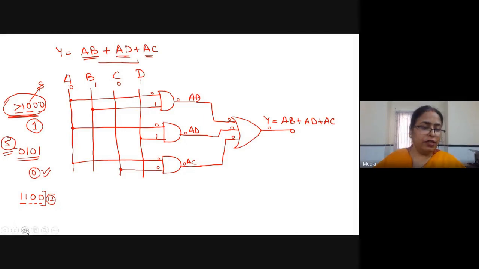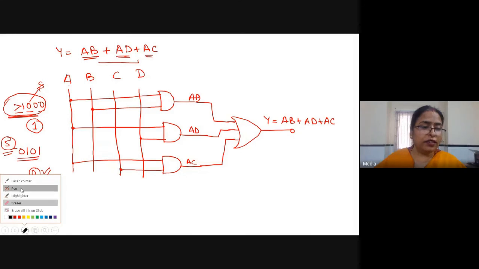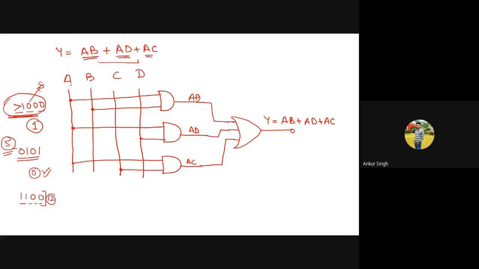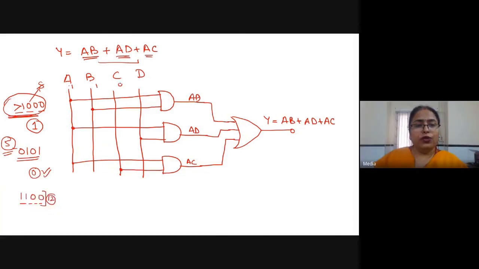So if I am taking 1100 here, see what should be my output, Ankur, now? It is now greater than 1000. What should be my output now? Tell me. See, from the truth table and from the question, it should be 1. 1, 1, 0, 0.